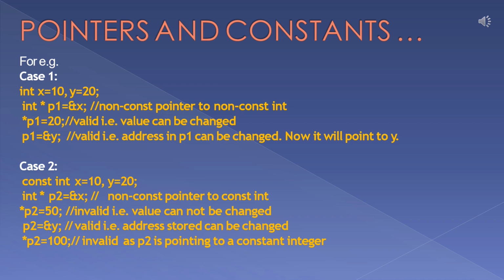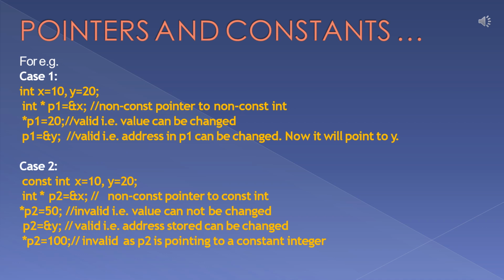See the second case, you have x and y as constants, const int x equal to 20. This means that you cannot change the value of x or y either directly or indirectly. Indirectly means you cannot change it using a pointer. Now see, pointer P2 is pointing to the address of X. Using P2, if you try to change the value of X to 50, that is invalid because it cannot be changed.